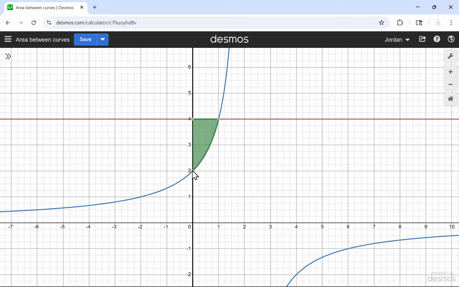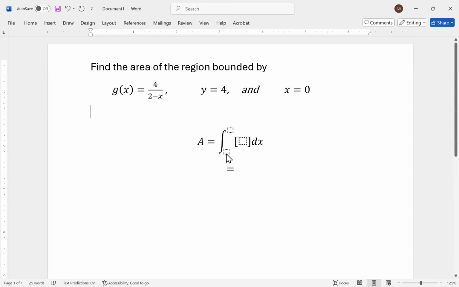And what I'm arguing is that my x values are going to be going from 0 to 1. The curve on top is going to be y equals 4. The curve on bottom is going to be g of x is equal to 4 over 2 minus x. Again, this one was pretty easy to see algebraically.